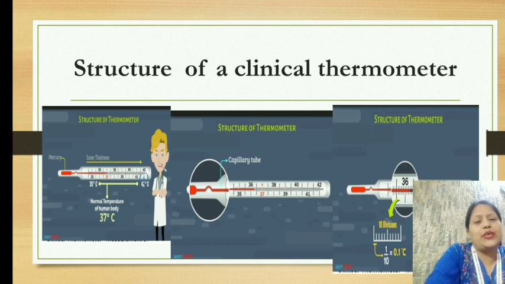In the second diagram, you can see a bend in the capillary tube. That bend is the kink, the constriction, which prevents the mercury from falling back on its own to the bulb.